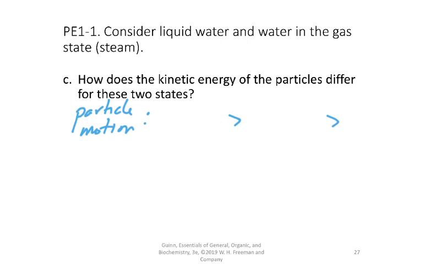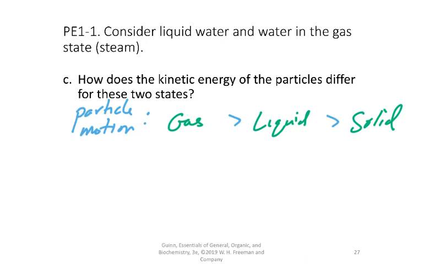Which type are the fastest? Solid, liquid, or gas? Or have the highest amount of motion? That would be gas, and then liquid, and then solid. And since kinetic energy is the energy of motion, the same ranking fits for kinetic energy.